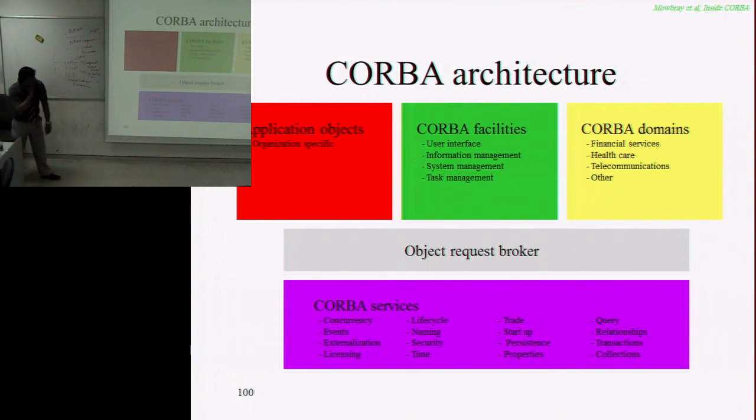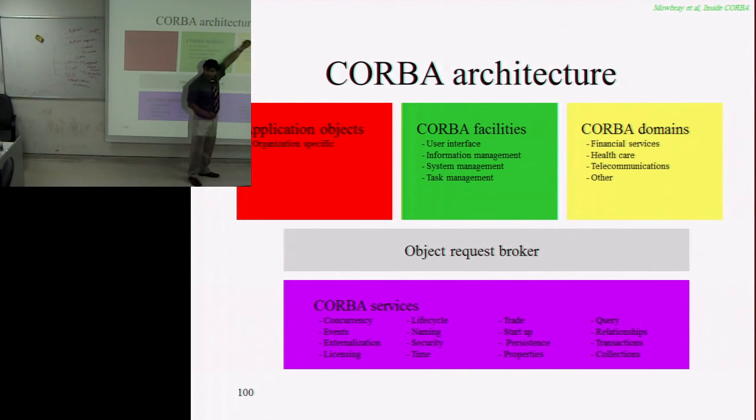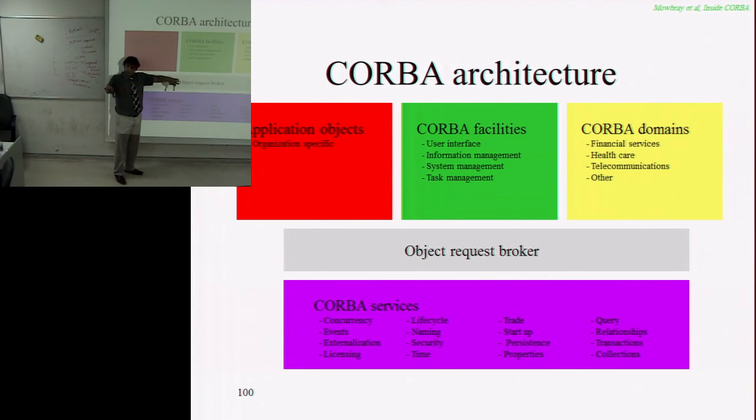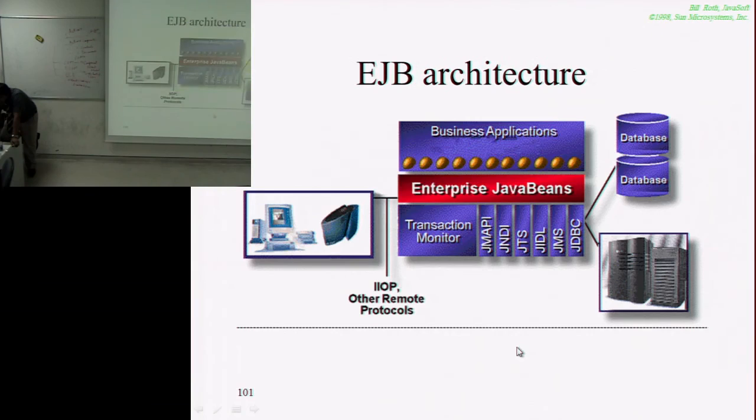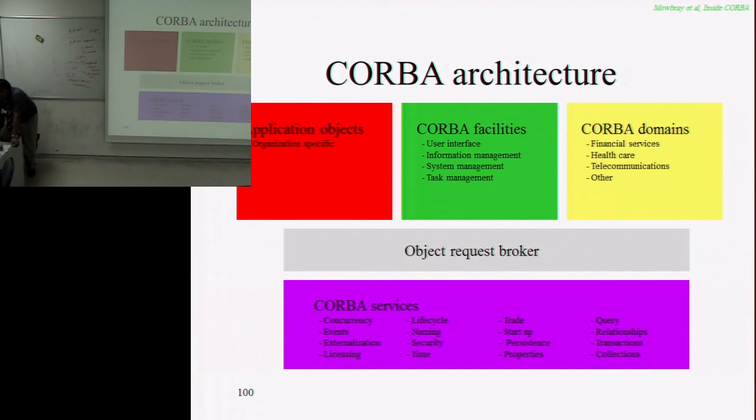And then we have CORBA: the application objects, the CORBA facilities, user interface, information management, system management, task management, CORBA domains, financial services, healthcare. So in all these sectors we are working. The object request broker service divides the architecture, protocols and specifications so they can communicate. The CORBA services are there: concurrency, event, externalization, licensing, lifecycle, naming, security, time, trader, startup, persistence, and so on. These are all the elements of CORBA.